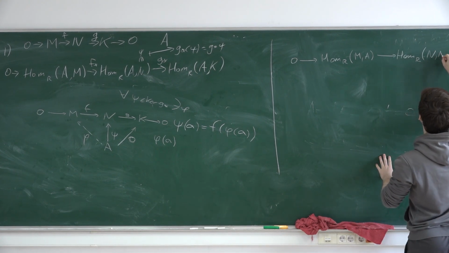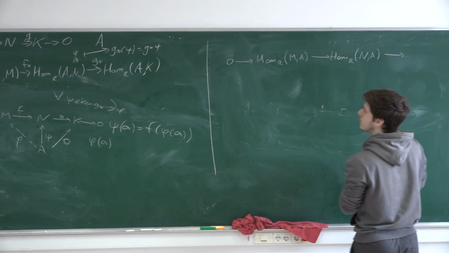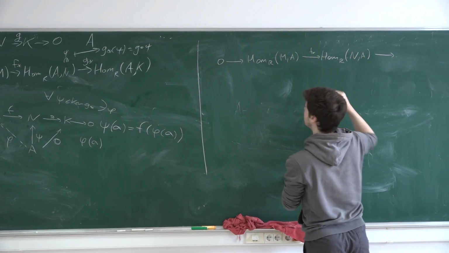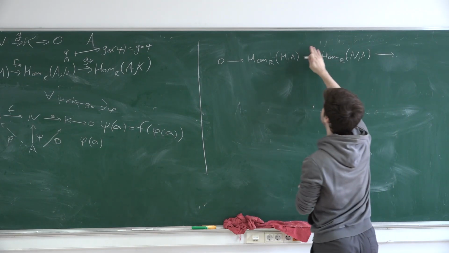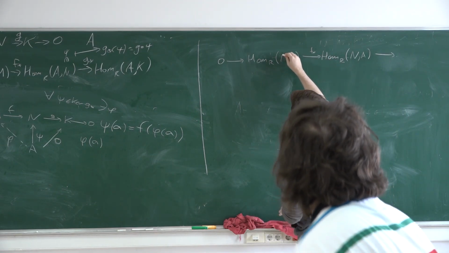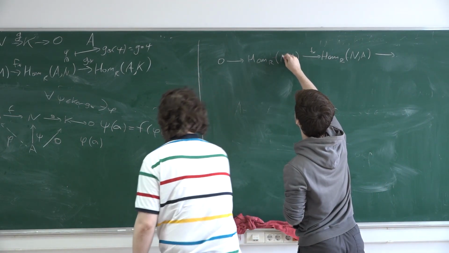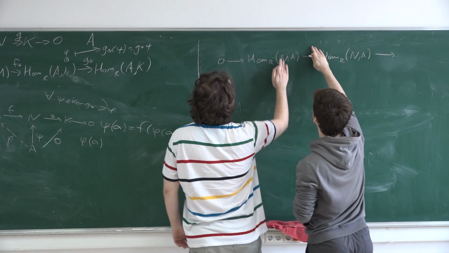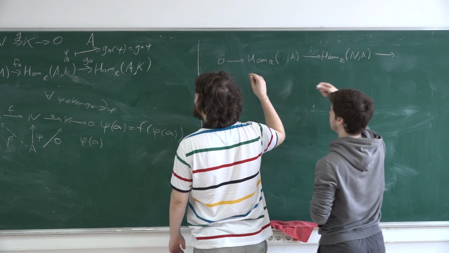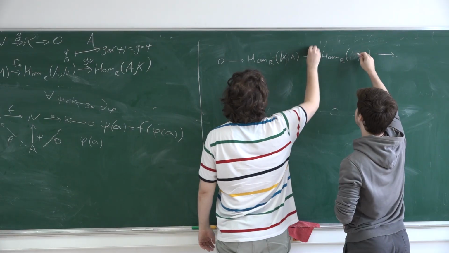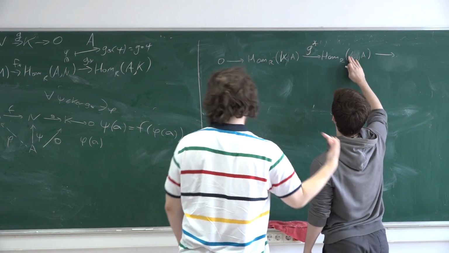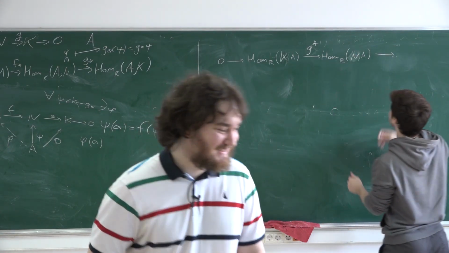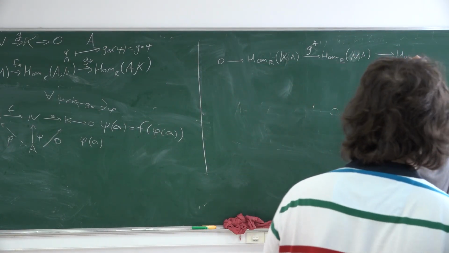Here it means Hom to A. And then the upper stars, because they are contravariant. It's a precomposition with J and with F.